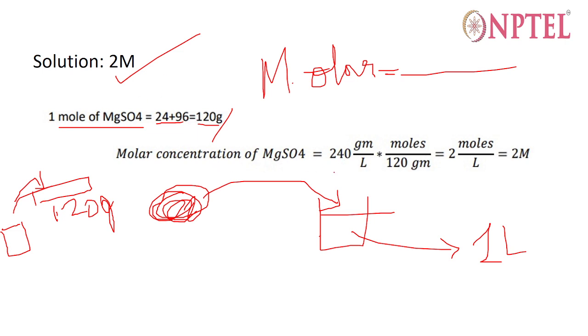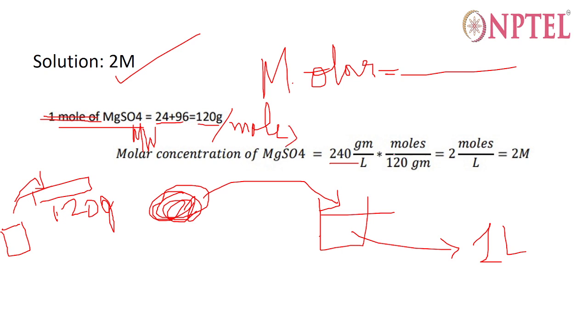So here it was given as 240 gram per liter concentration. The molar measurement of MgSO4 is 120 gram per mole. That is the molecular weight, right? When it is written as 1 mole of MgSO4, that's what we have said. But suppose it was not written, it is always written as 120 gram per mole, right?